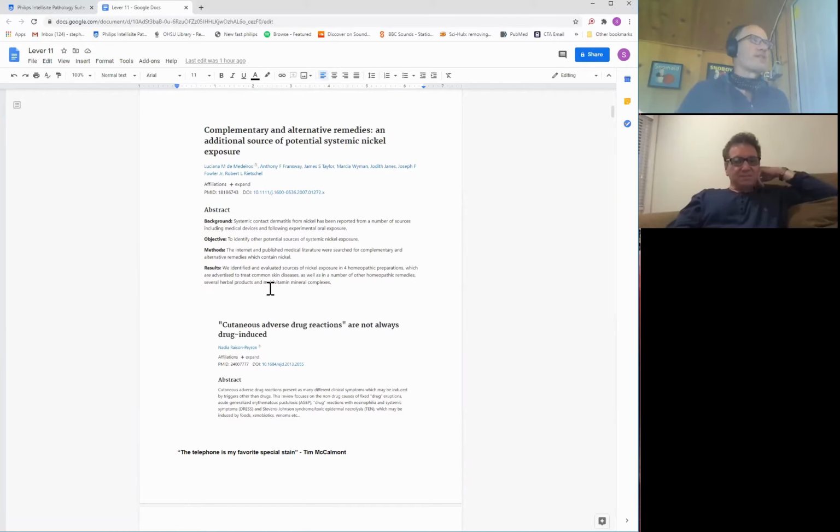And here's a study that demonstrated that some homeopathic preparations, which, believe it or not, people still use and believe work, contain nickel, so some patients were having systemic contact dermatitis related to ingestion of nickel-containing substances.